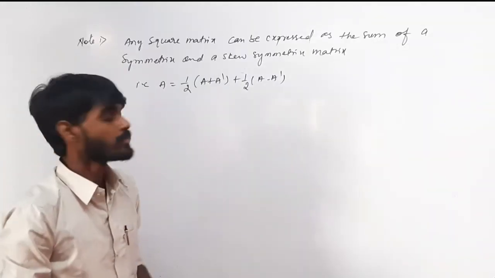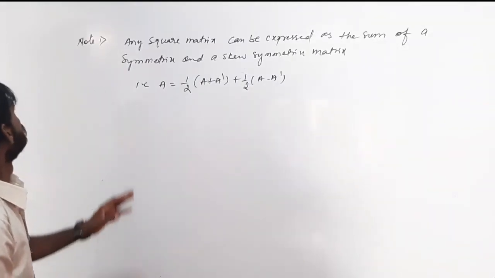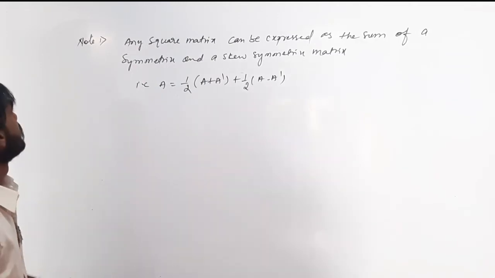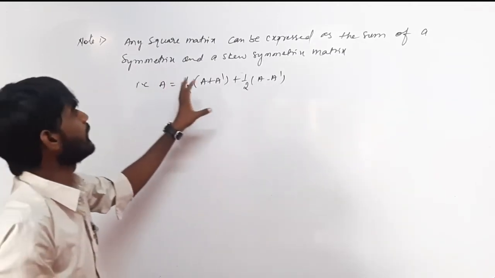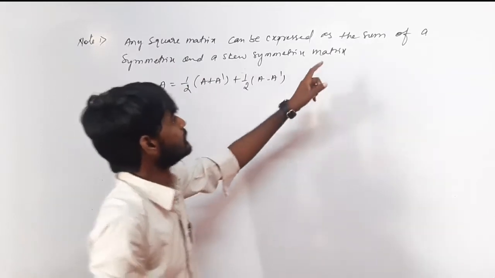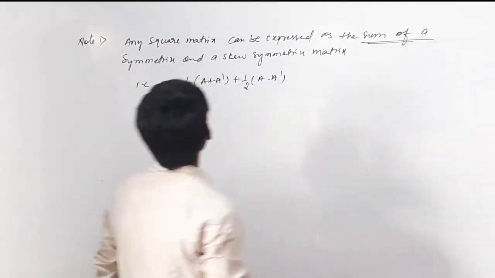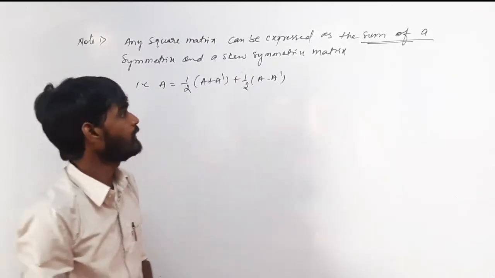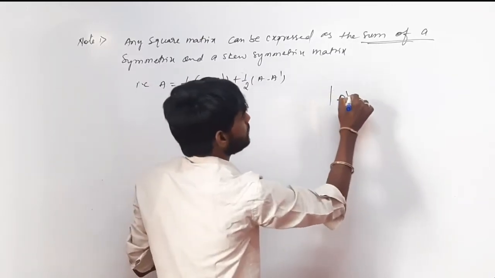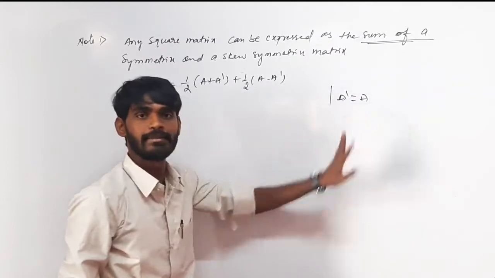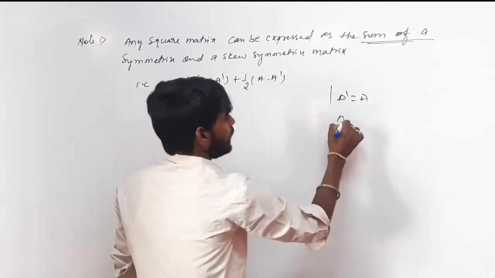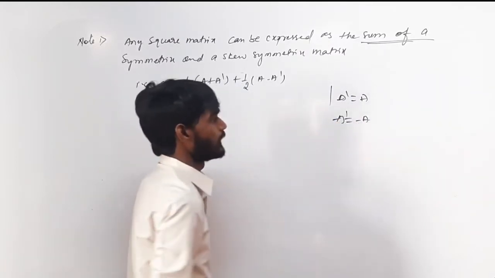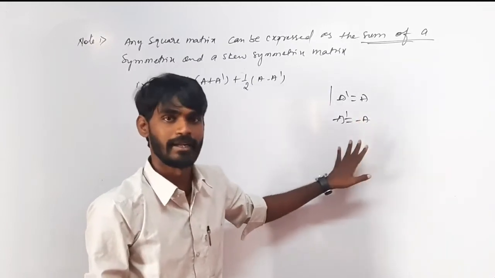So students, one more note point is there here. Any square matrix can be expressed as the sum of a symmetric and a skew symmetric matrix. Already we know that if A dash is equal to A, then A is called a symmetric matrix, and if A dash is equal to minus A, then A is called a skew symmetric matrix.